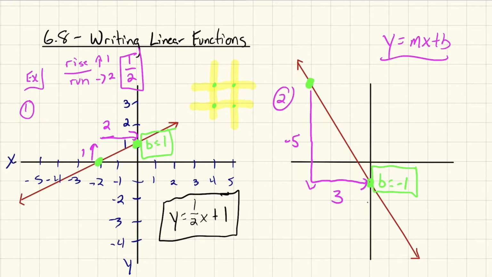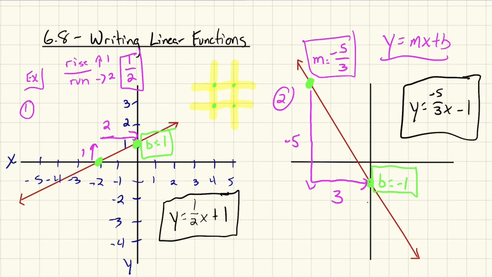Since rise over run is my slope, that's going to be -5 over 3. And I'm able to calculate my slope. That means that my equation is going to be y equals -5/3 x minus 1. Just as easy as plugging in numbers once you find them.